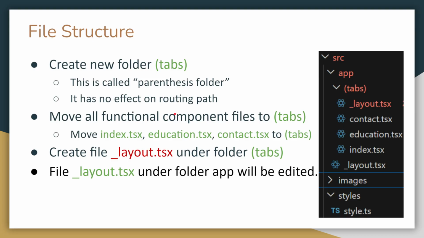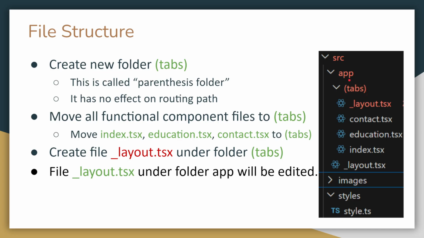What I'm going to do today is we're going to have three screens. We have the home screen, index, we have education, and then contact. So this is our file structure. Under the app directory, we have a folder called tabs. This one we call the parentheses folder, so I name it tabs.